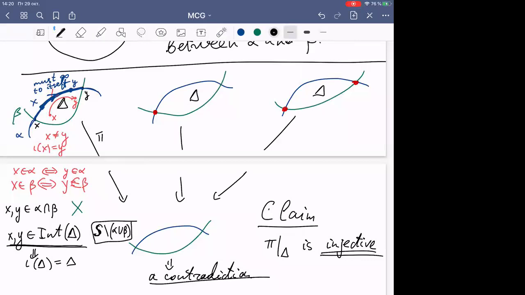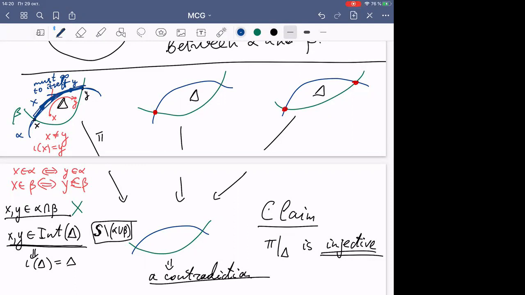I have considered all four cases. If they are in alpha cap beta, then we are done, since this arc is taken to itself with opposite orientation.